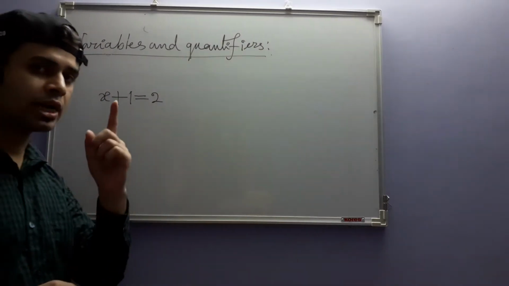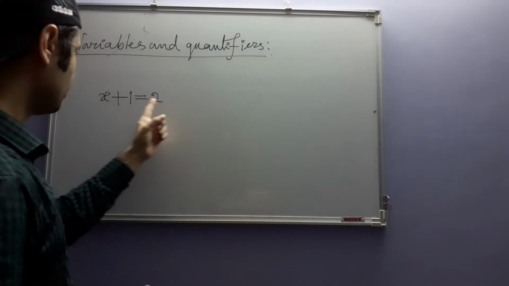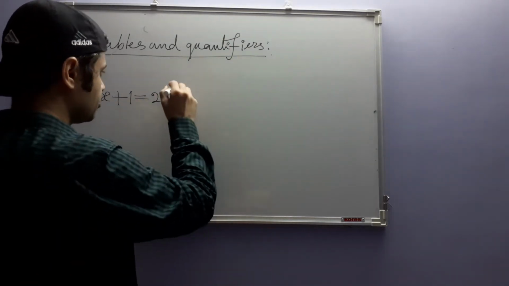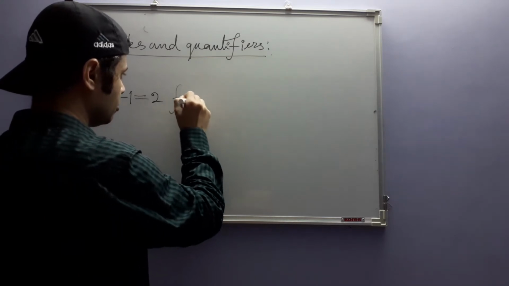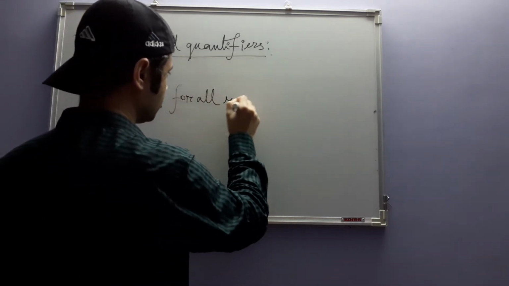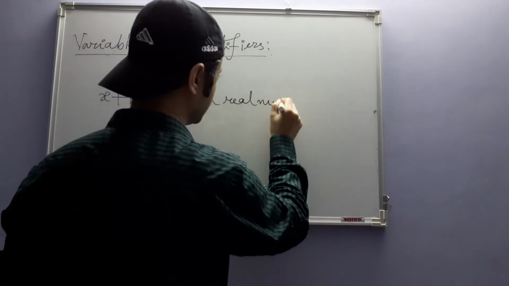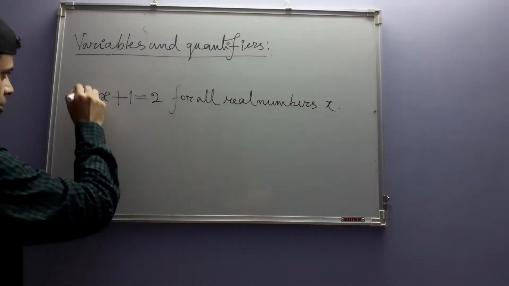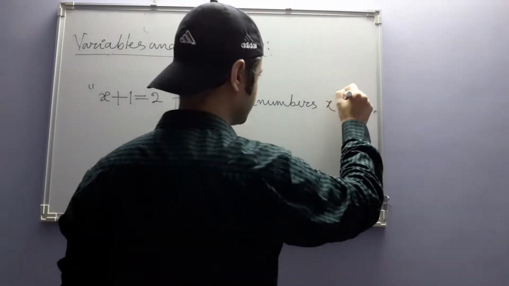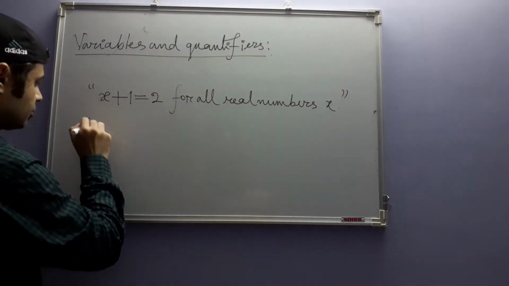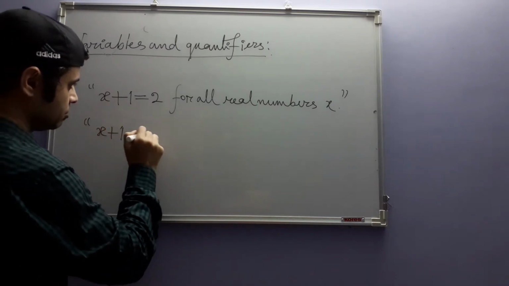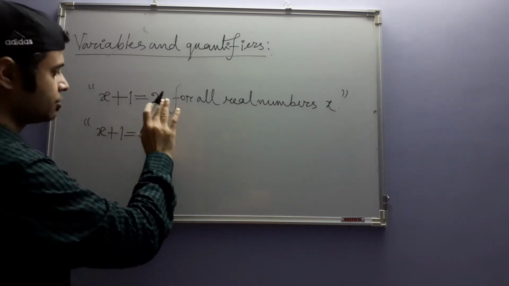Now I am going to write two statements involving this equation. x plus 1 is equal to 1 for all real numbers x. This is one statement. Another one is x plus 1 is equal to 2. I said equal to 1, that is wrong.